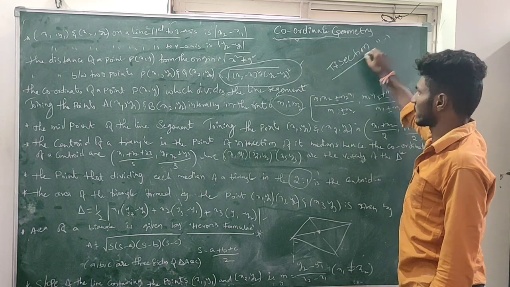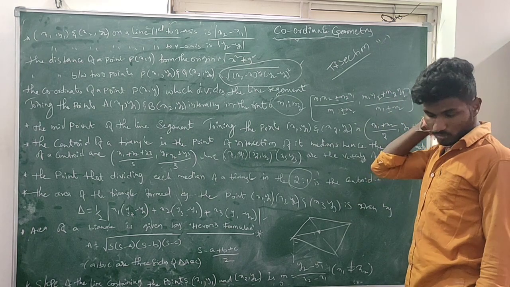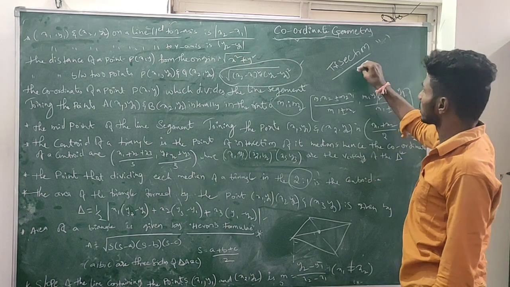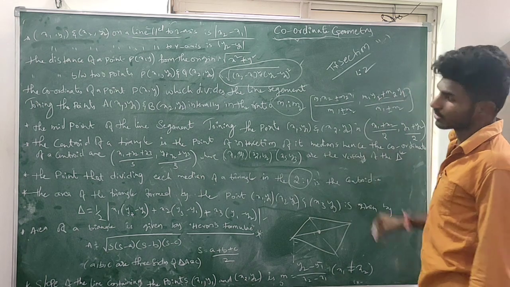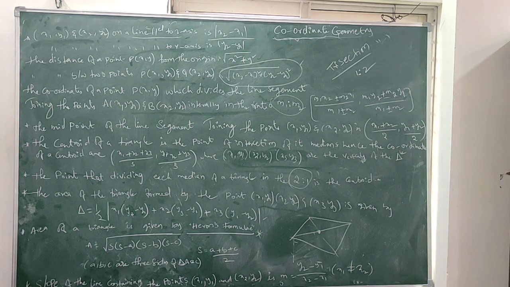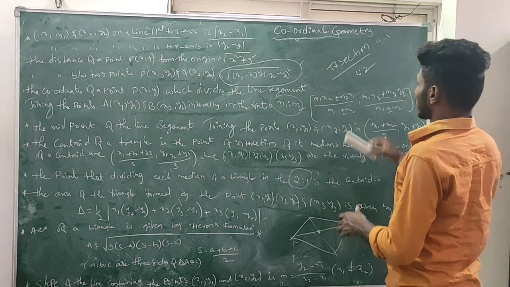If trisection is said, you need to assume the m1 is to m2 ratio is 1 is to 2. m1 is 1 and m2 is 2. That should be assumed by yourself, as the ratio will not be given in the question. So this much you are clear, I think.